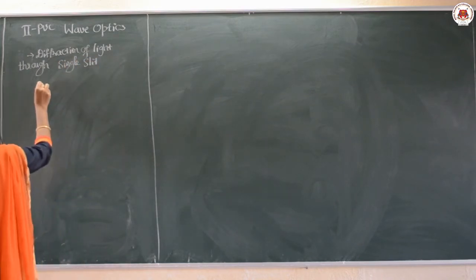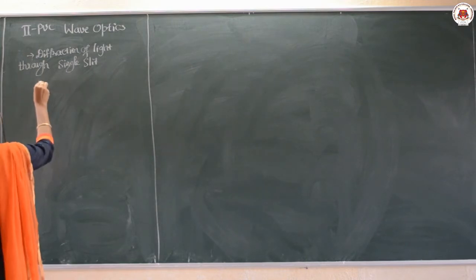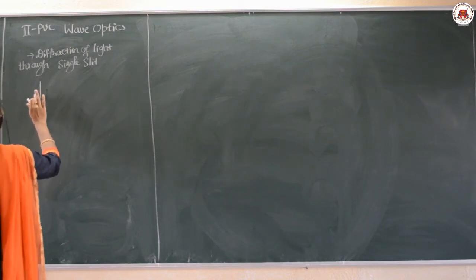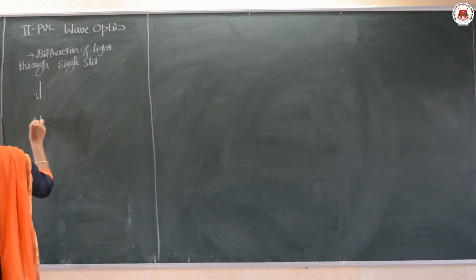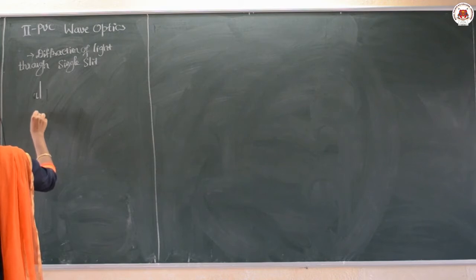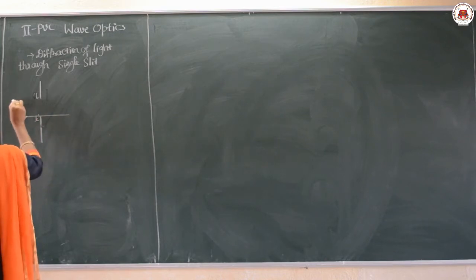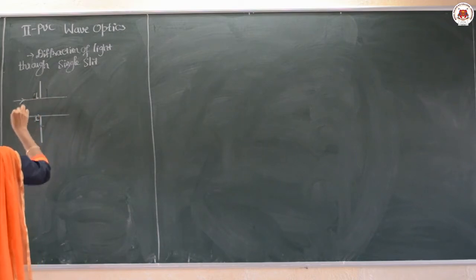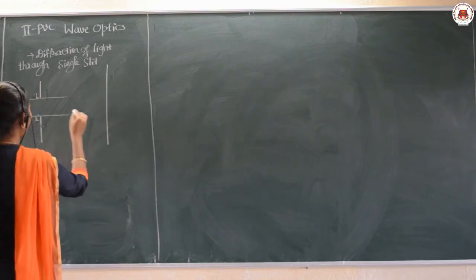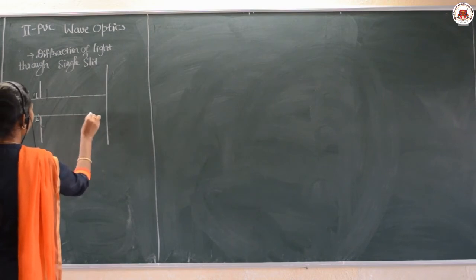Then for this there is one compulsory diagram, one single slit. We are using a slit here, that is why one slit is there, so it is called a single slit. L dash we can call it, and the parallel light rays which are coming from the source, which is kept at an infinite distance.